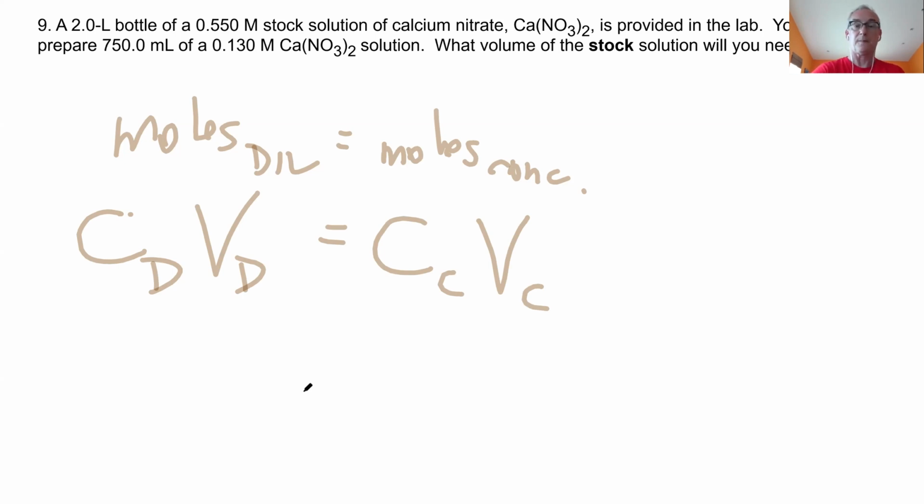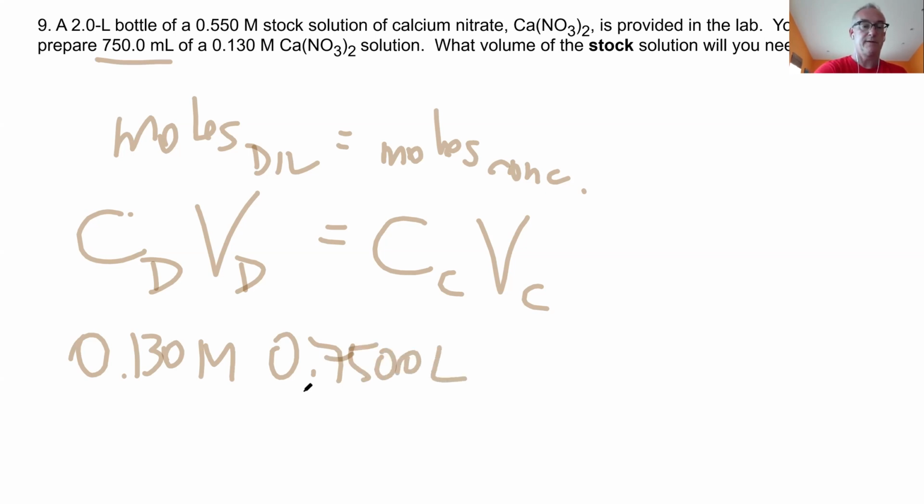So all I need to do is plug in my numbers now. My concentration of my dilute solution is 0.130 molar. The volume of my dilute solution is 0.7500 liters.